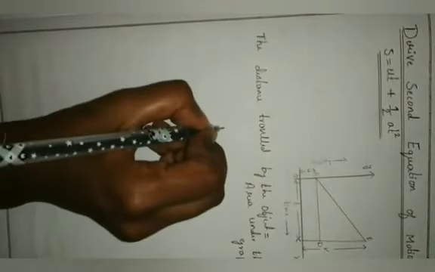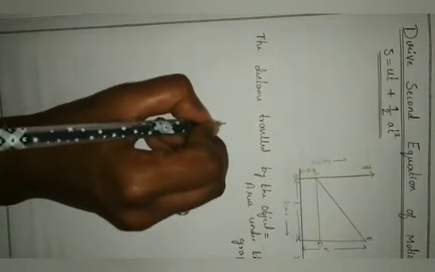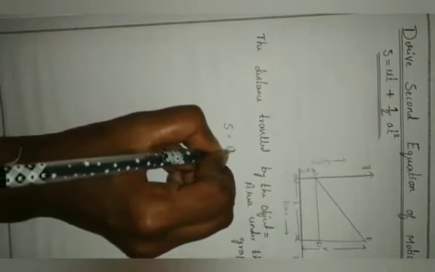Total distance traveled by the object S is equal to the area under the graph AB.